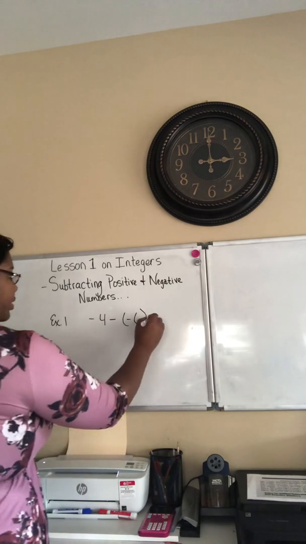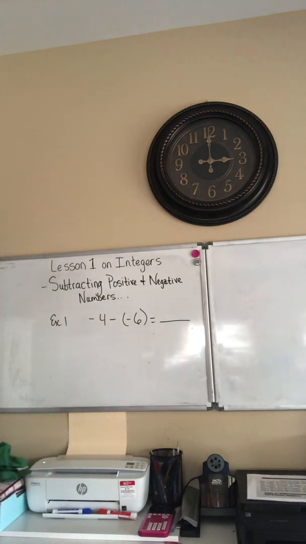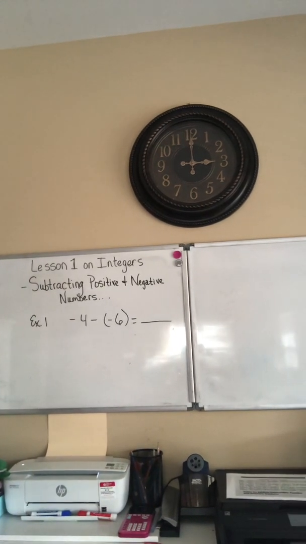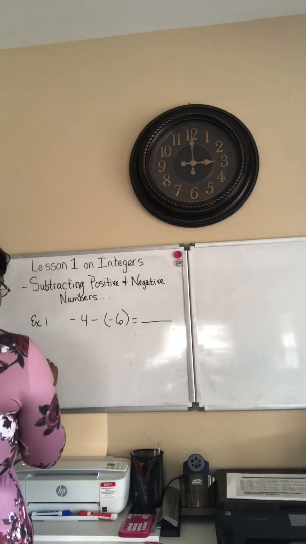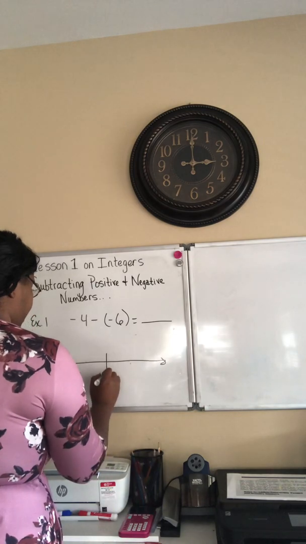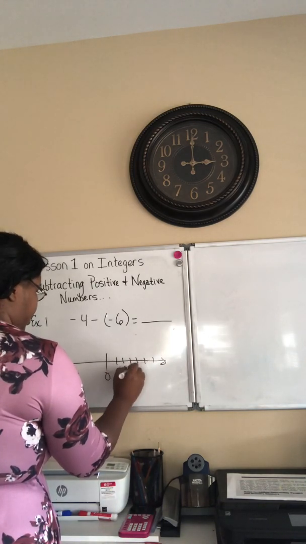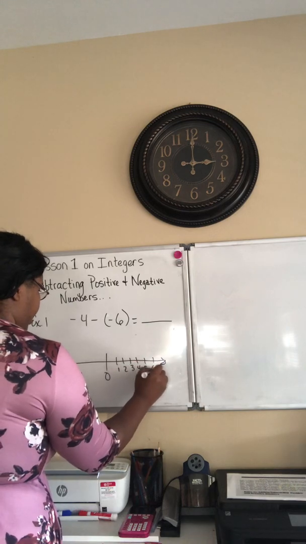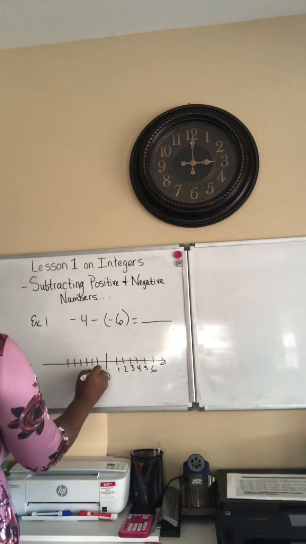Okay, now I want to show you this on the number line, then I'm going to tell you how to do it. Okay, so 0, 1, 2, 3, 4, 5, 6. 2, 3, 4, 5, 6.